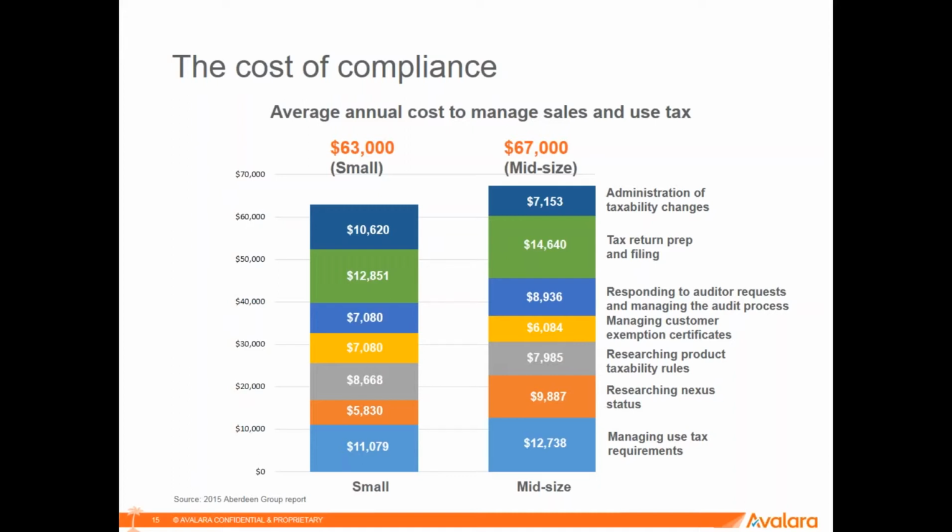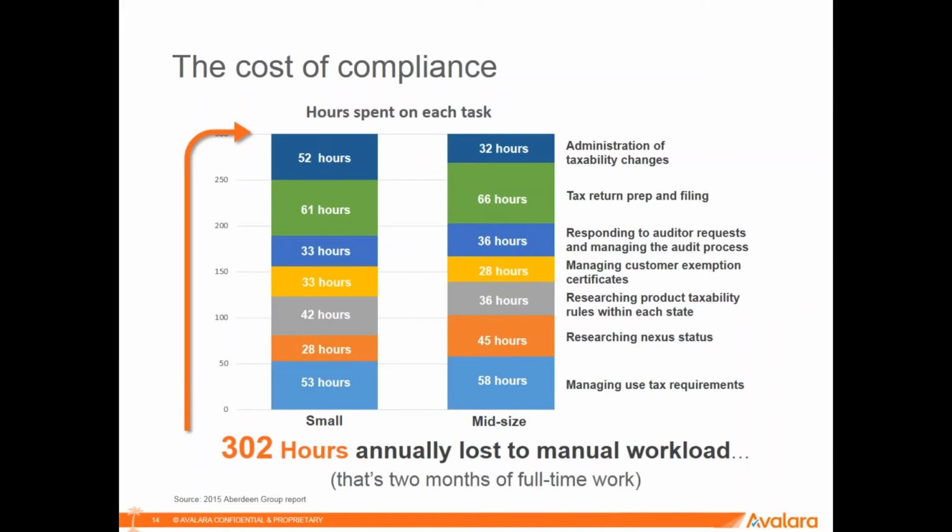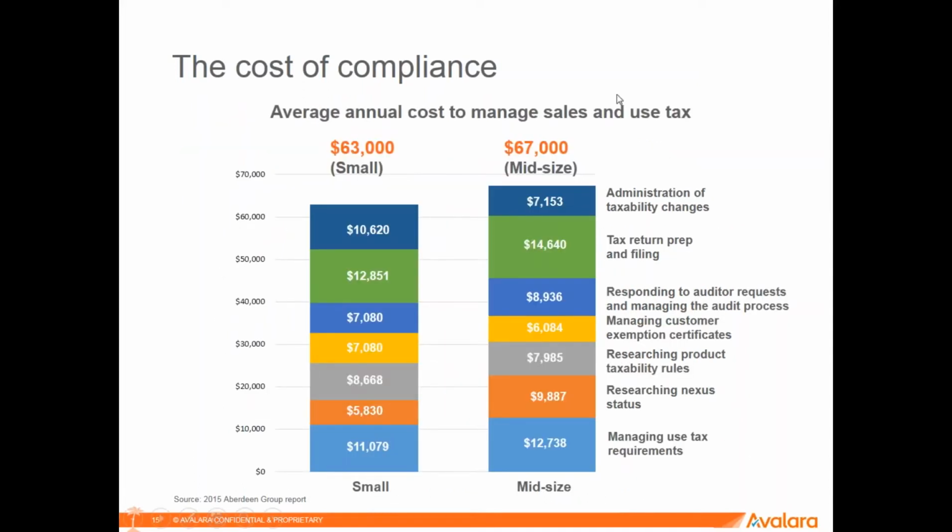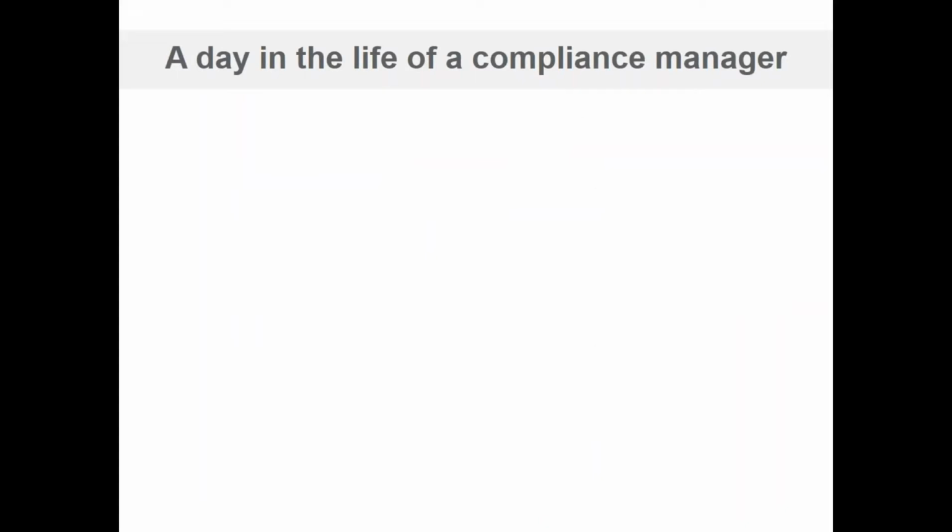So when you start looking at what the true cost is for your organization, even in a small company, between the hours that you spend, I'm sure most of you on the phone, if you looked hard and fast at this internally, would find you're probably falling somewhere in between these two, or maybe even more. So again, these are the types of things that automating these processes can completely eliminate. And it's a cost of doing something that doesn't bring any additional revenue to your company, but it certainly can take away those profits at the end of the year if there are negative assessments.